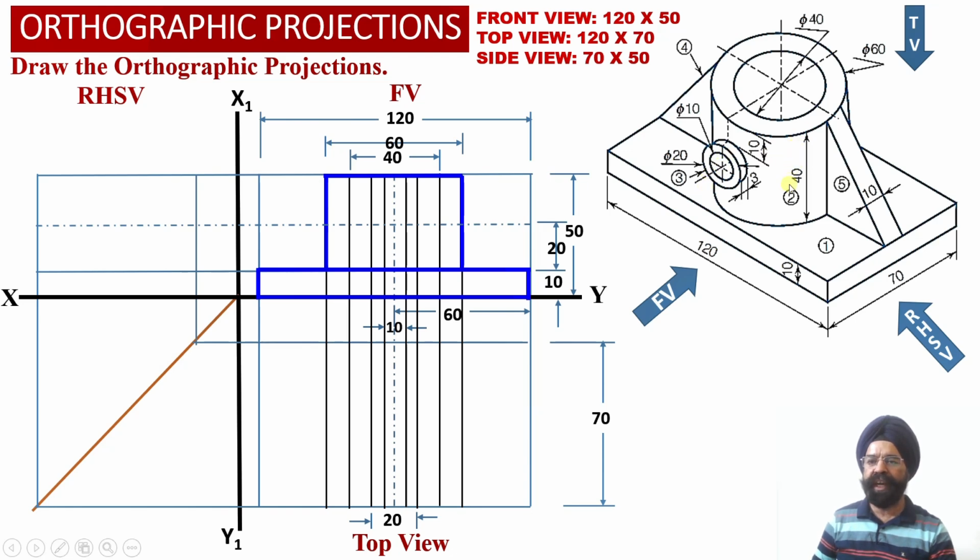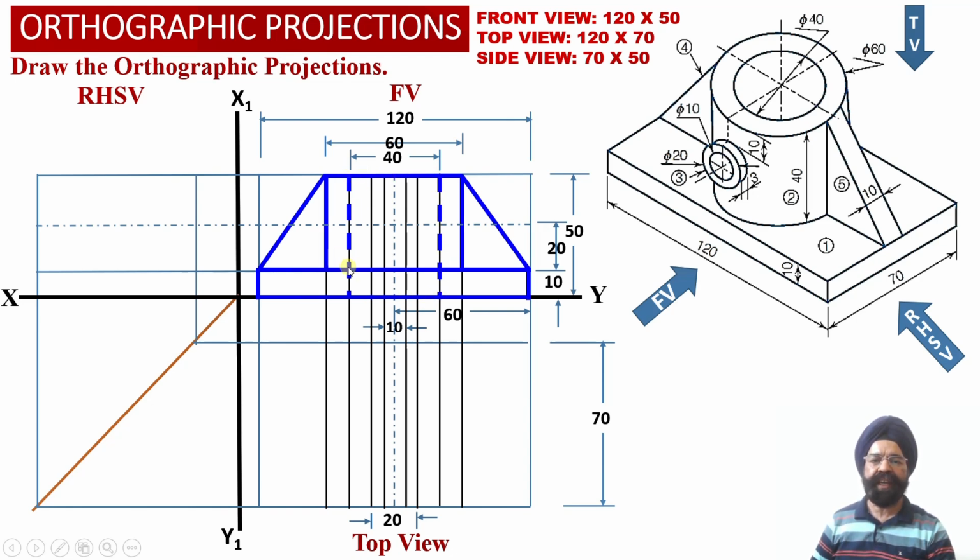So we are going to get dotted line or hidden line projections corresponding to this diameter of 40 millimeter. Here we have the hidden line or dotted line projections corresponding to the interior surface of this hollow cylinder, appearing as apparent shape rectangular projections over here.